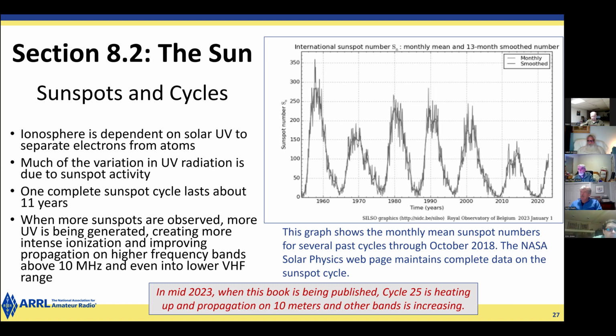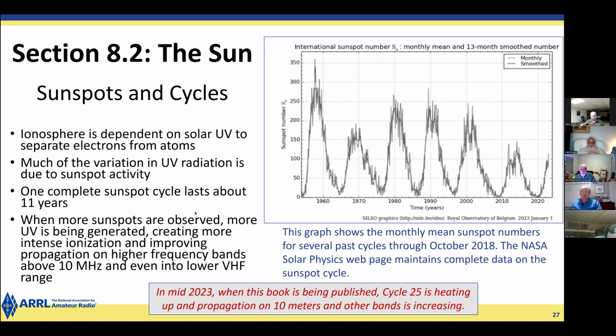And it's those very short wavelengths, ultraviolet and X-rays, that excite atoms in the ionosphere. So the correlation isn't 1-to-1, but when you see more sunspots, the amount of ultraviolet radiation, or the amount of electromagnetic radiation reaching the Earth from the sun, is higher.